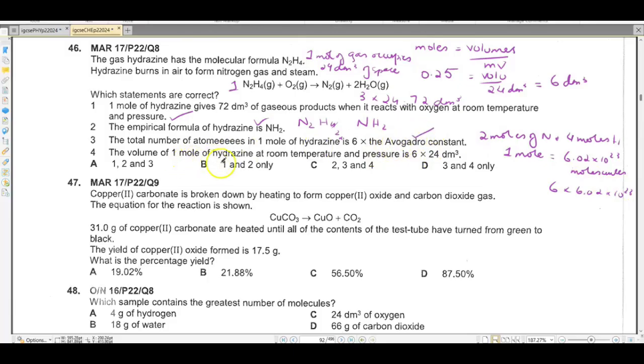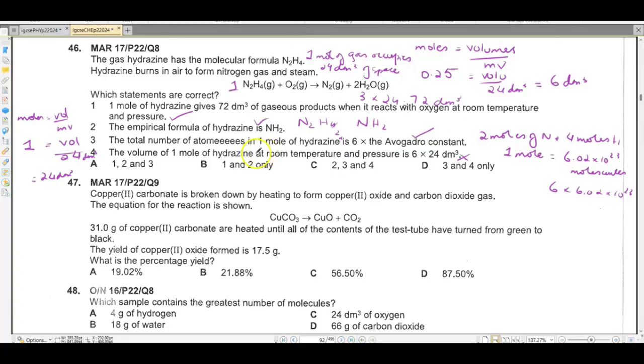4. The volume of 1 mole of hydrazine at room temperature and pressure is 6 times 24 decimeter cubed. Since moles is equal to volume over molar volume, and this is 1 mole of hydrazine, the volume is 24 decimeter cubed. They've mentioned 6 times 24 decimeter cubed, so this is not correct.